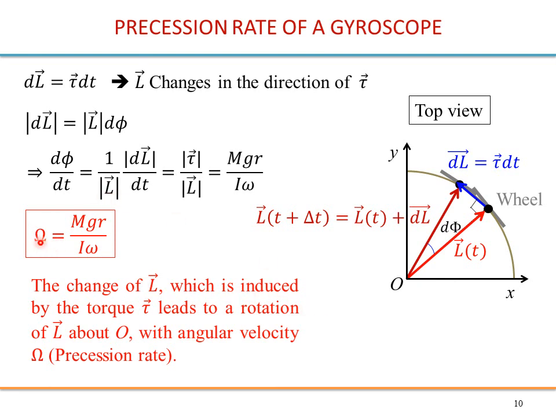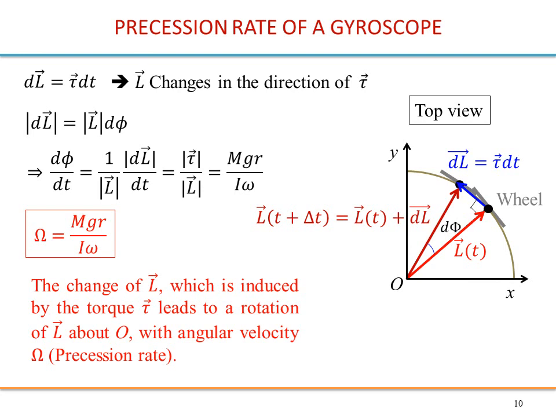So if omega is very large, this will be quite small. So you have an effect of the mass and also of the rotational inertia.